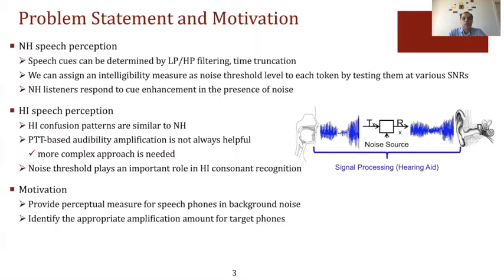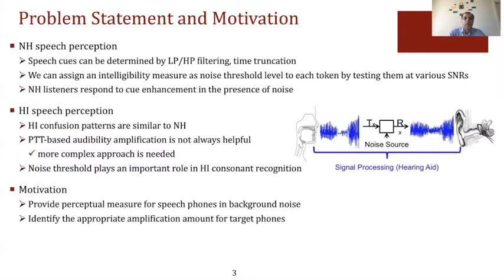Generally, we know that hearing impairment is a serious problem. We can look at normal hearing speech perception, and we can determine the primary cue region by performing experiments like low pass filtering, high pass filtering, and time truncation to find the time-frequency window related to the primary cue region of the speech syllable.